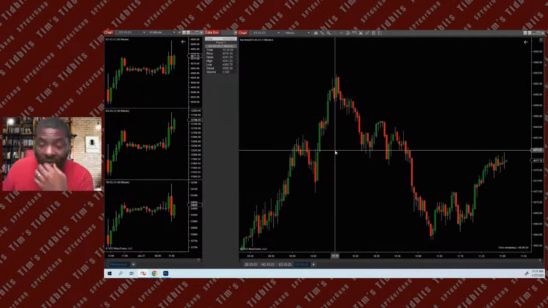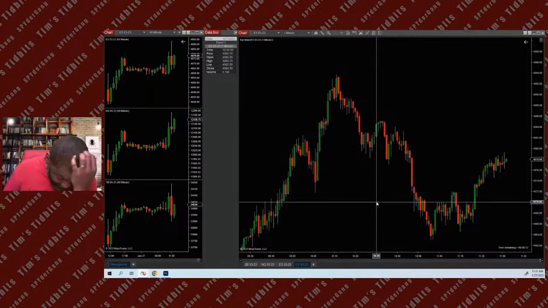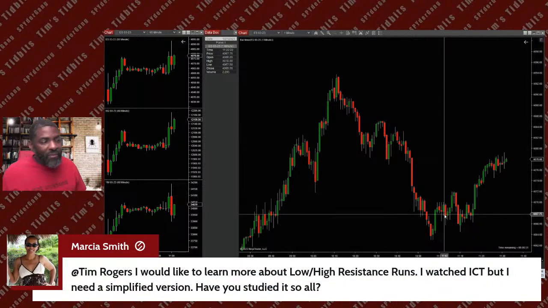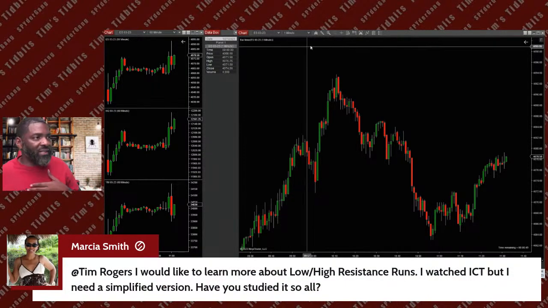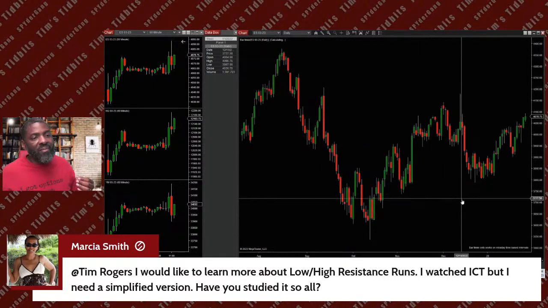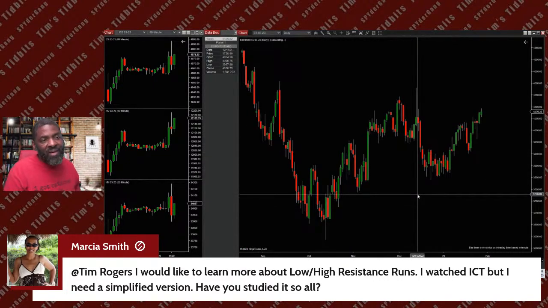Okay, so for low resistance, high resistance liquidity runs, right? This is the way little Timmy Rogers looks at it. Think about it as the path of least resistance, right? The path of least resistance.